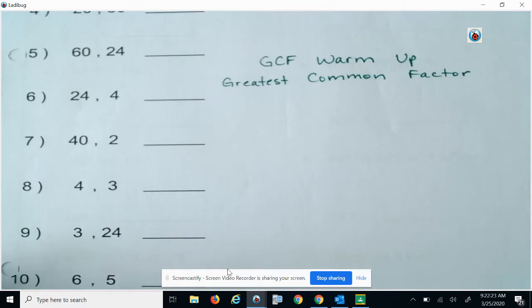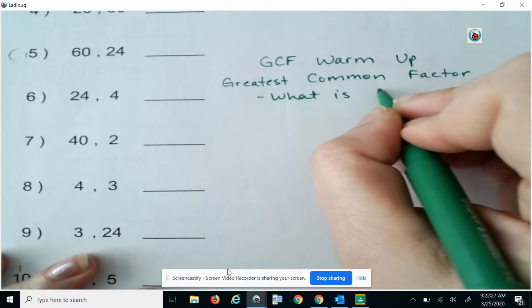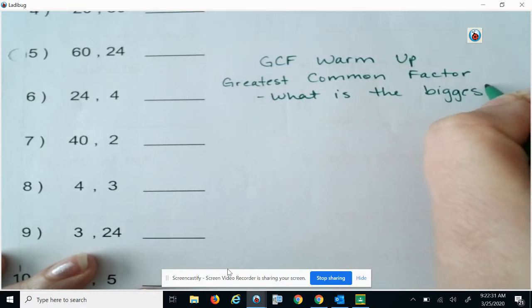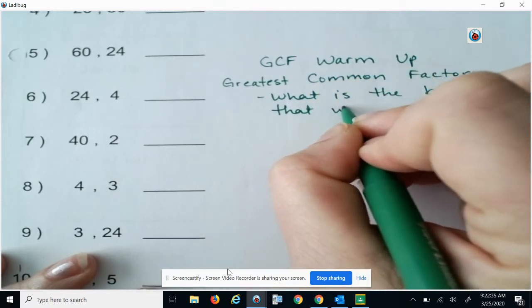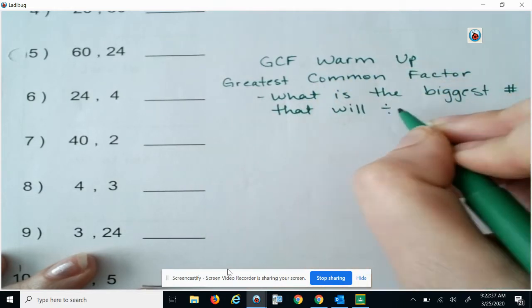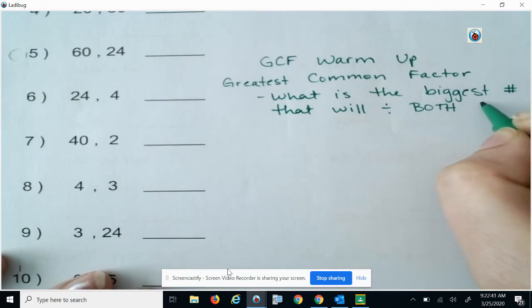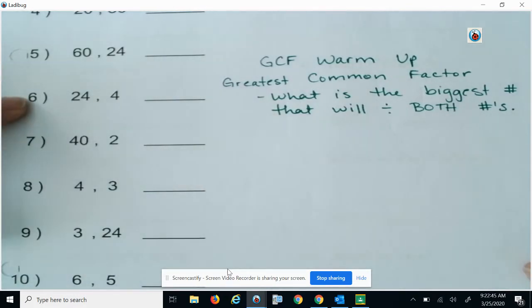In other words, what's the biggest number that will divide both numbers that you're given? So here we've got 24 and 4.